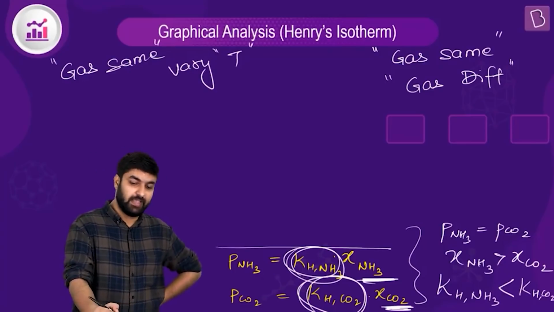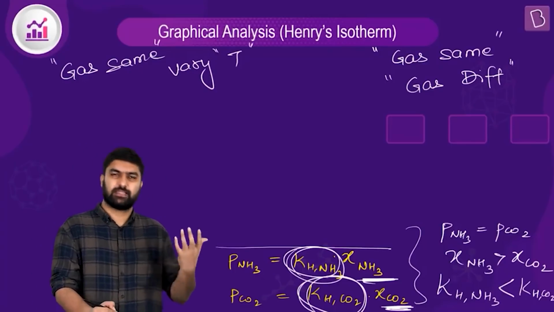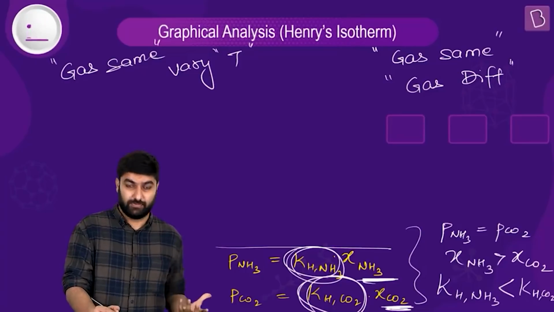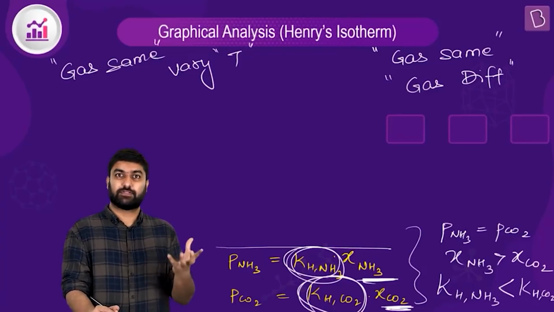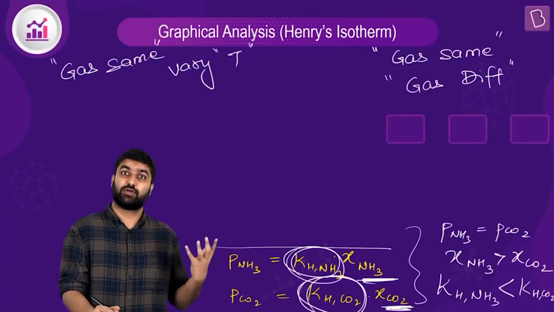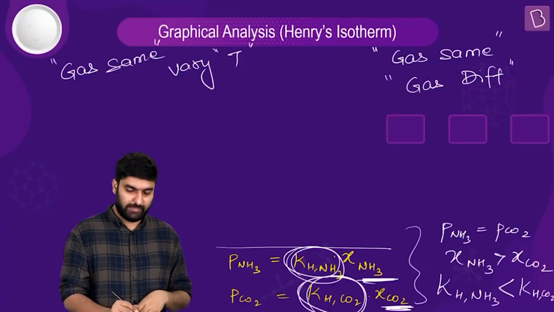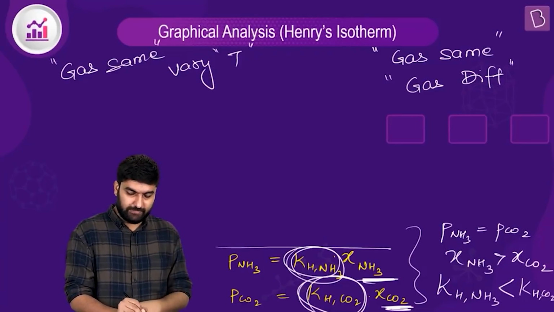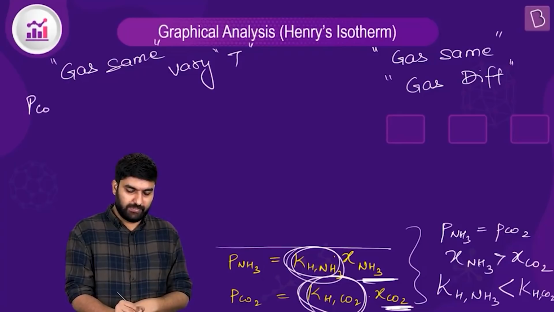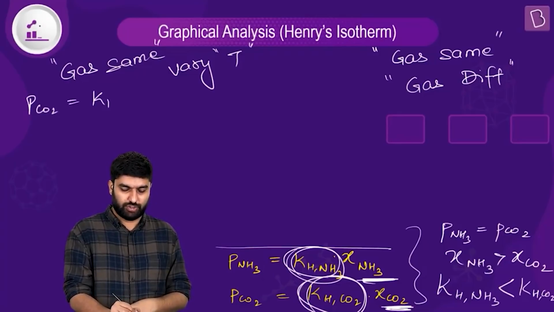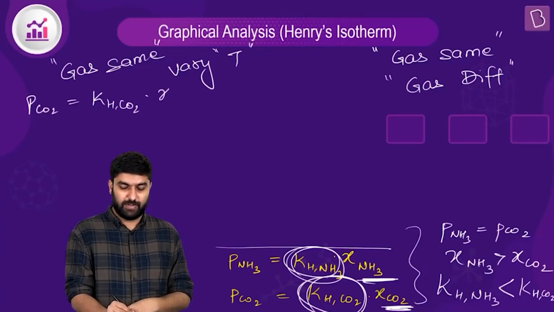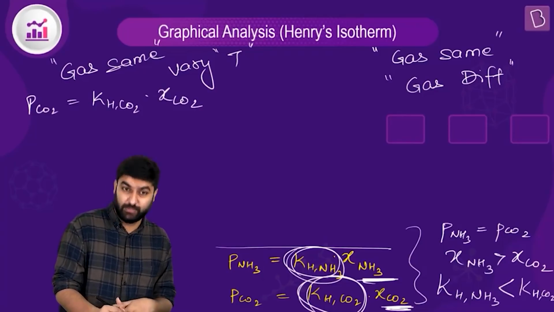Let's say the overall process of dissolution is exothermic, and because of that, if you increase the temperature, solubility decreases. Now try and study this. Let's say PCO2 equals KH of CO2 multiplied by the mole fraction of CO2 inside the solution.